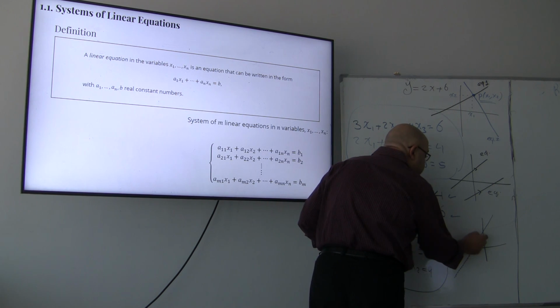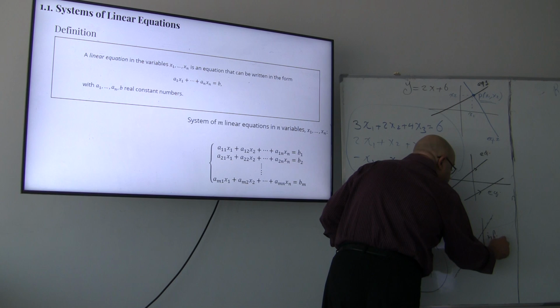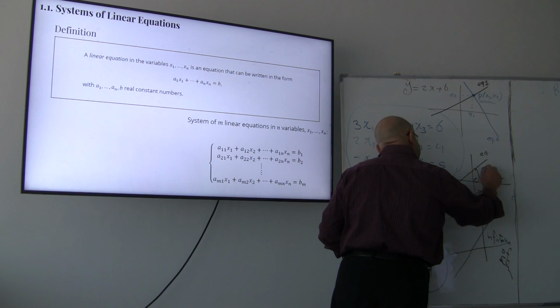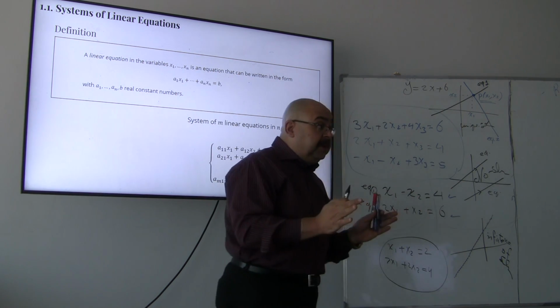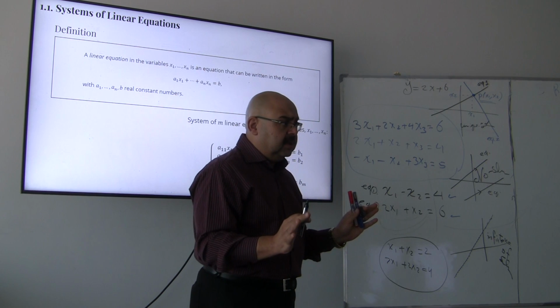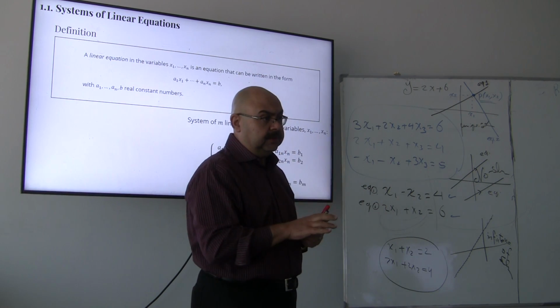They are coinciding with each other. So this is the case of an infinite number of solutions. This is the case of no solution. And that's the case of a unique solution, the geometric meaning for the simplest system that exists: a system of 2 equations in 2 unknowns.